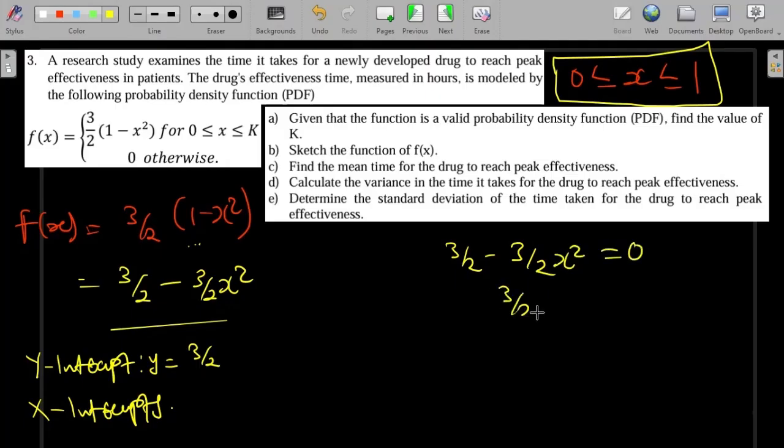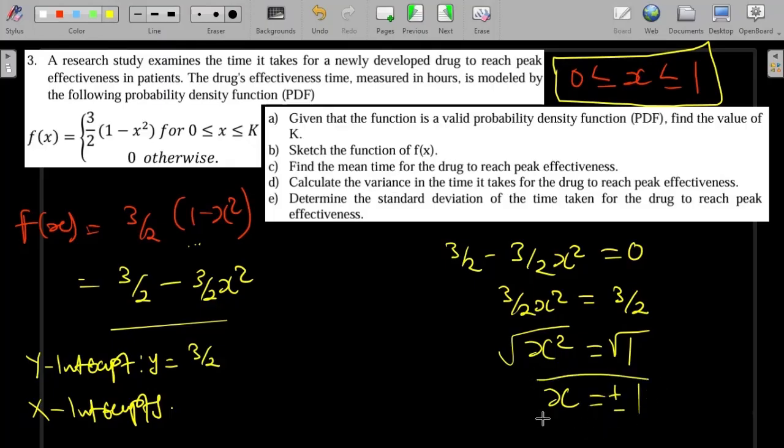So 3 over 2 x squared is equals to 3 over 2. Then we divide both sides by 3 over 2. We're just going to get x squared is equals to 1. Okay, square root of both sides, we're going to get x is equals to plus or minus 1. So it means these are the x-intercepts. Okay, x is equals to minus 1 or x is equals to 1.